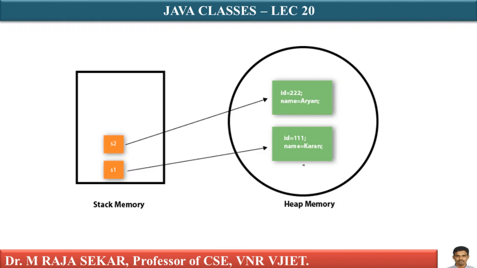There is a memory known as heap memory. Objects get memory in heap memory. This is object 1, and this is object 2. Objects are created in the heap memory area.